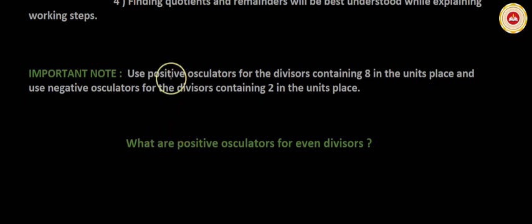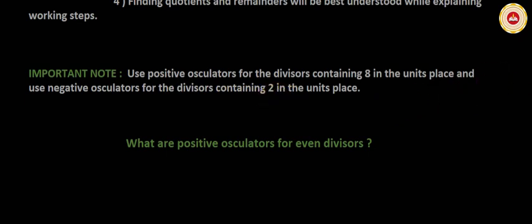Just like that, we are going to calculate positive osculators for the divisors which contain 8 in the units place, and negative osculators for the divisors which contain 2 in the units place.